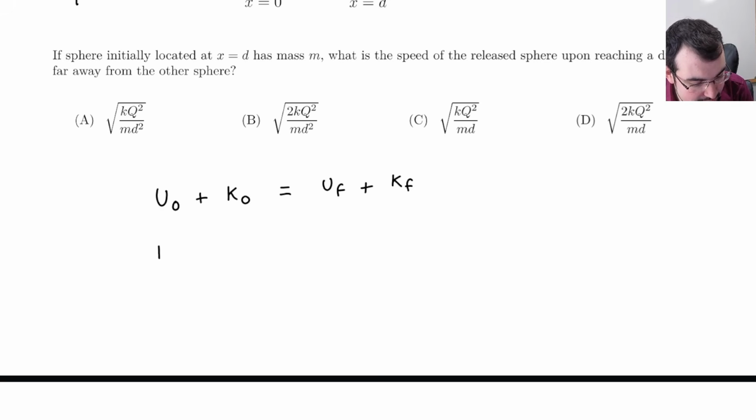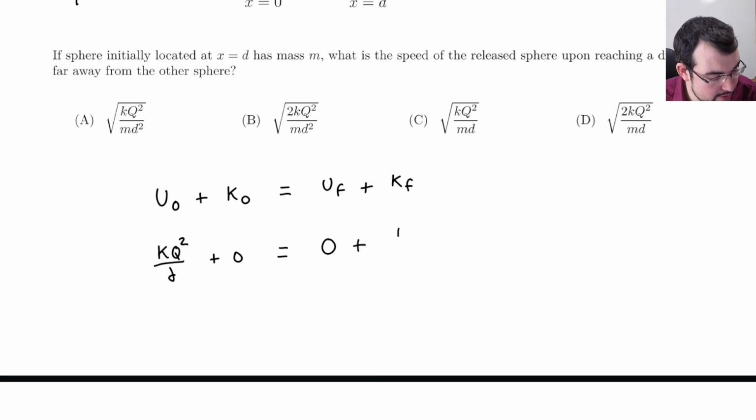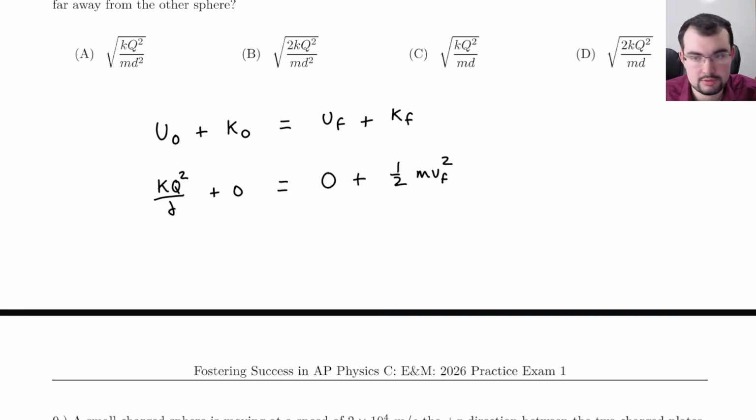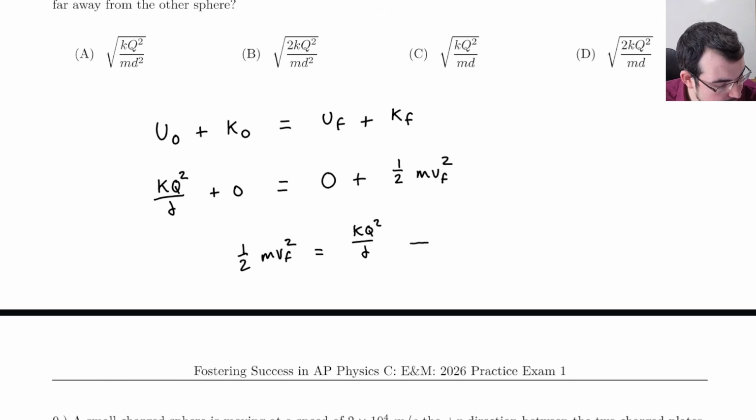Electric potential energy would be kQQ over R. So no square. And if you're far, far away, you have no potential energy between the two, because it would cost 0 energy to bring those two very far apart from one another. So this just becomes 1/2 mv squared equals kq squared over d.